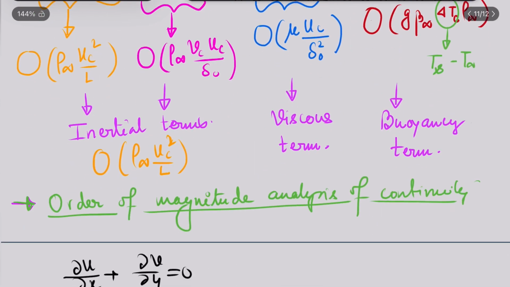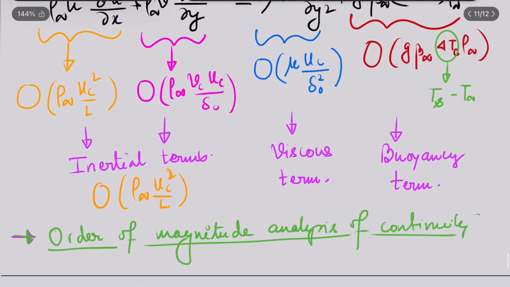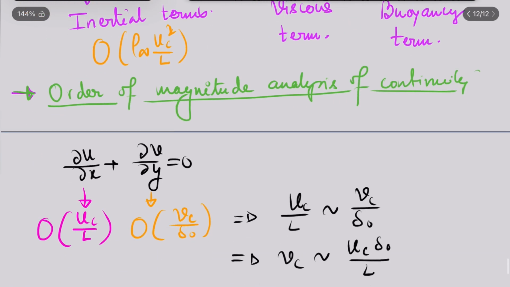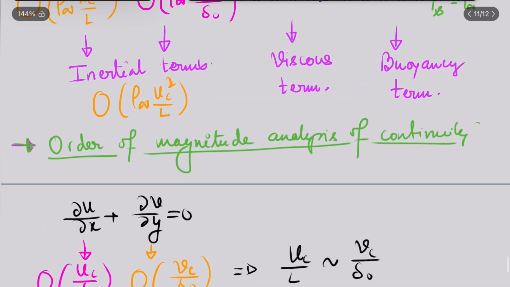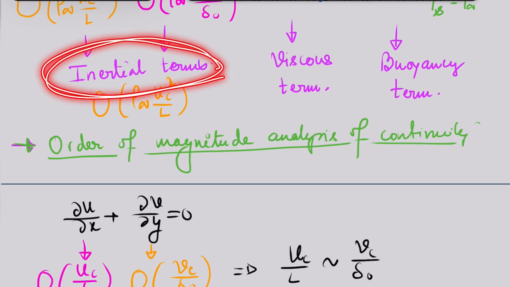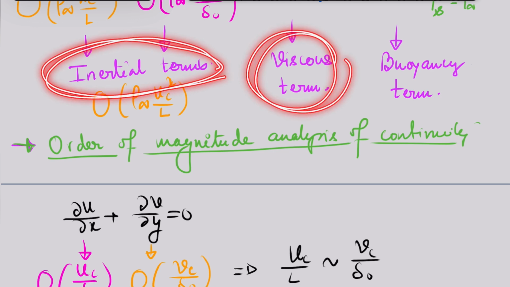Now there can be various situations based on which we will divide the problem. Here the buoyancy term must be important. Now the comparison will be between this term and this term.